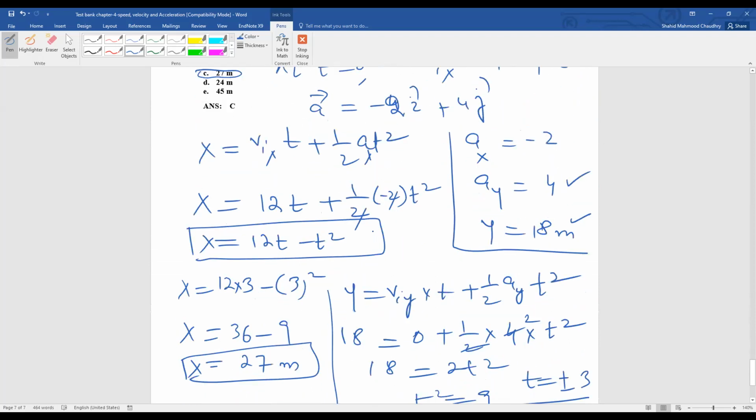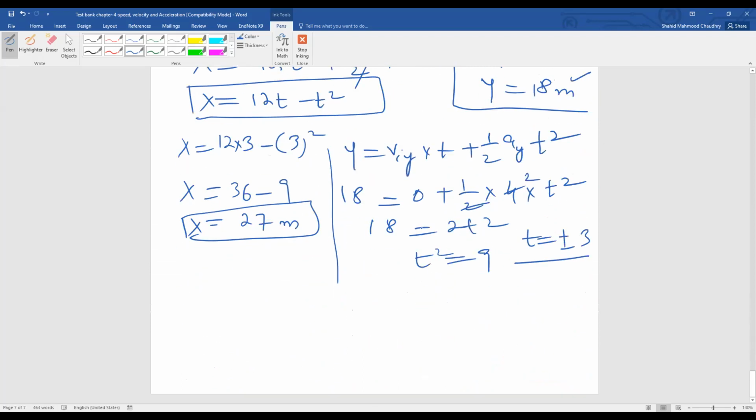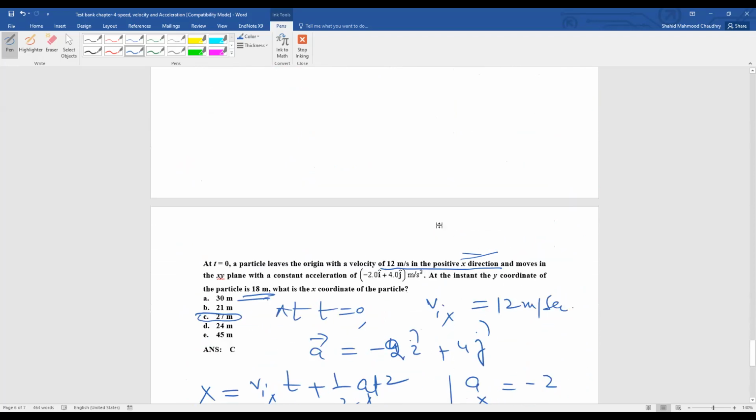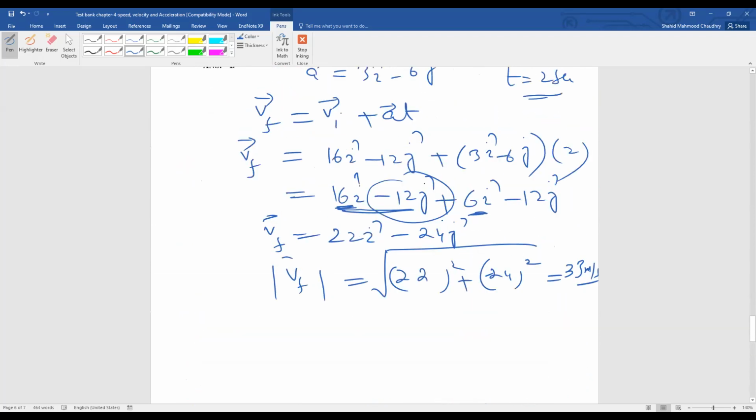and that is a very important article, and that article is projectile motion. So to understand the projectile motion, if you have any question from here, you can ask me.